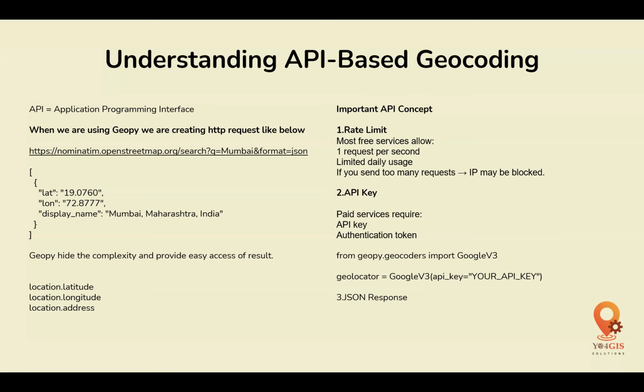Once the payment is done, they will provide you one API key. If you use that API key, then only you will get the result. If you do not use the API key, we cannot get the result. So this is another important thing whenever we are playing with the API. Clear till this point? Any question, any doubt?